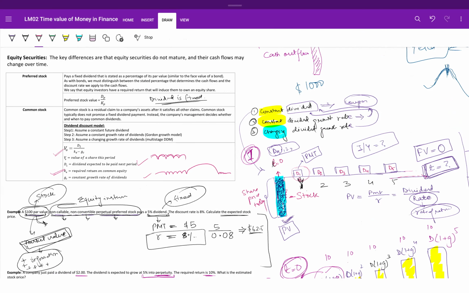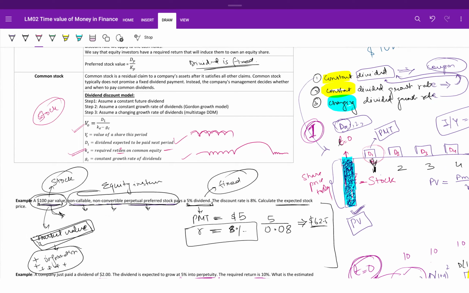The required return on common equity means, for the stocks of your company, if as an investor I purchase your stocks, I want this much return, KE.